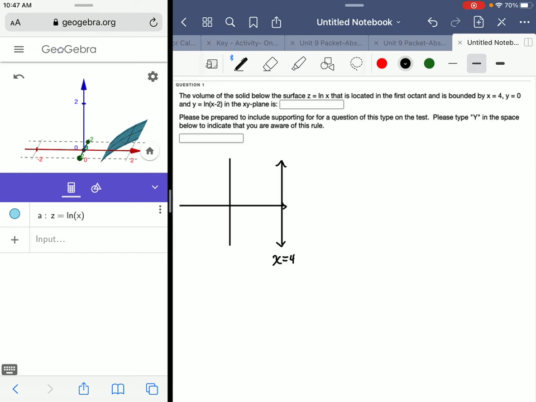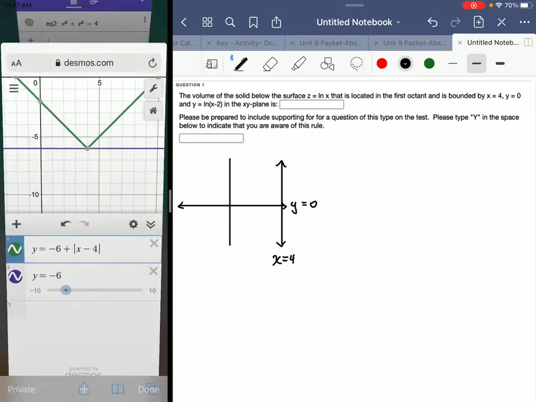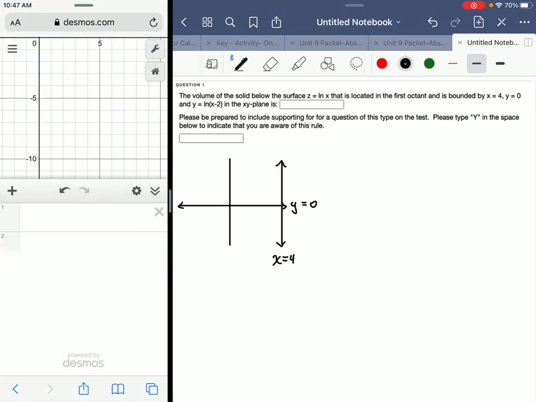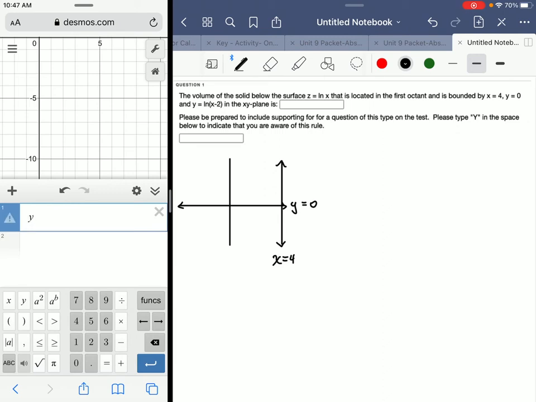Y equals 0, horizontal line, the x-axis. And then when it comes to the natural log of x minus 2, we can do a quick sketch, or plot it if we want a little bit more accuracy. But basically, you know what a natural log looks like.